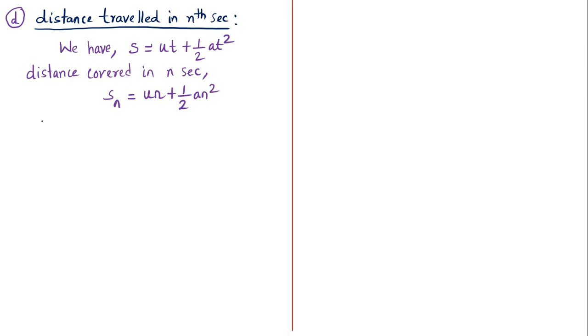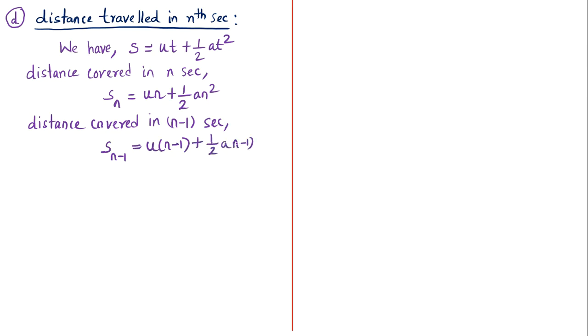Similarly, distance covered in n minus 1 seconds. If the time period is n minus 1, then the distance covered S of n minus 1 equals u of n minus 1 plus half a of n minus 1 whole square.